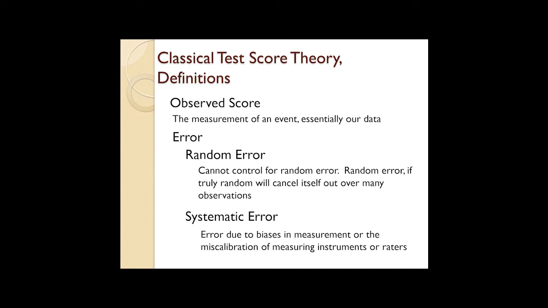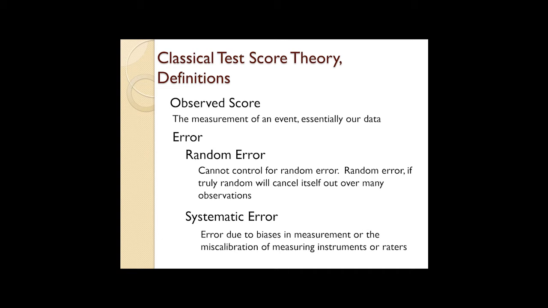It is what we record as data in our studies for an individual. Now, any score is also potentially contaminated by error. And error has to do with things basically mucking up our measurements, and we want to minimize error.